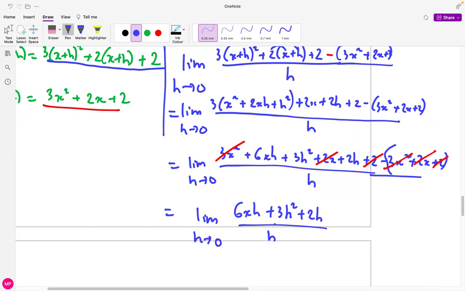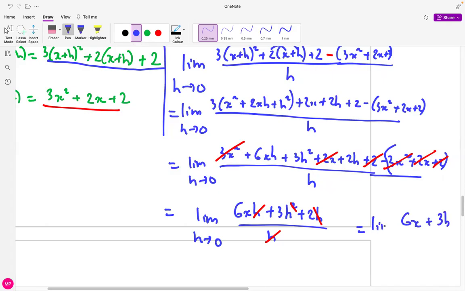All of these have h. So you can cancel one h out for each term. The h here cancels out, one h on here cancels out, h squared becomes one h, and then one h will go away. So you are left with just 6x plus 3h.